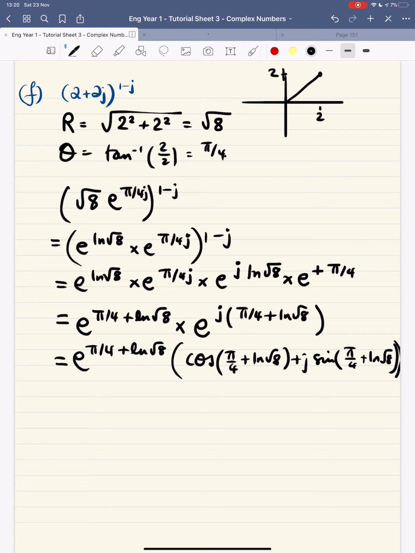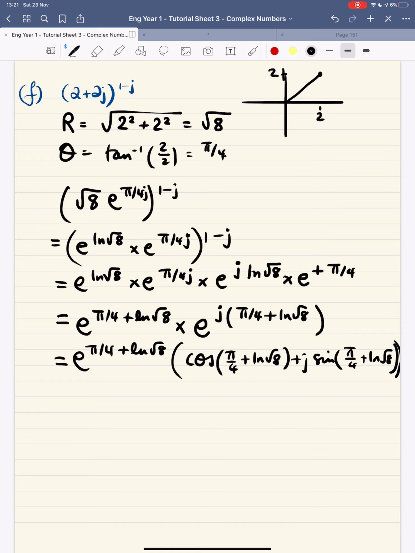Okay, so I'm going to get this in the calculator. e to the pi divided by 4 plus ln root 8 is what I've typed in there. I need to use the fractions button on this calculator.